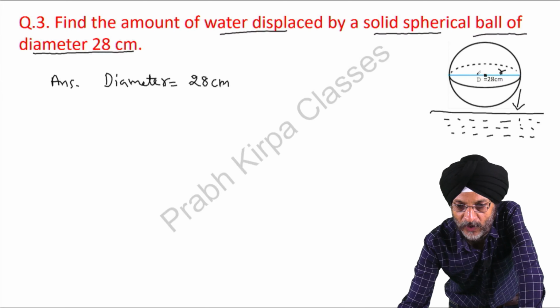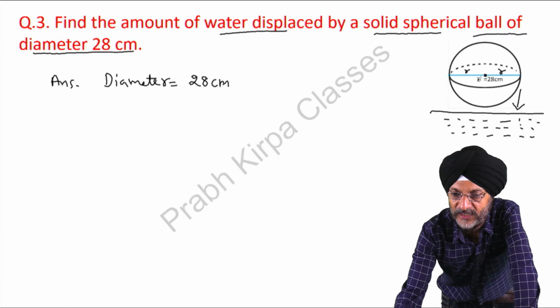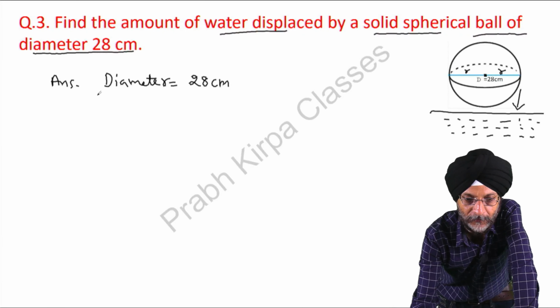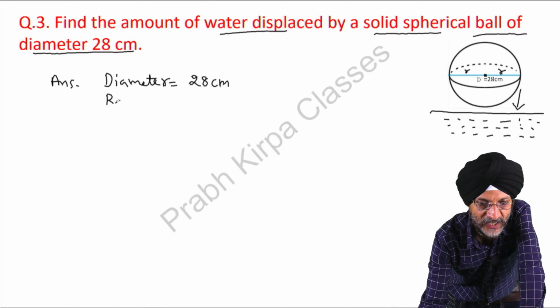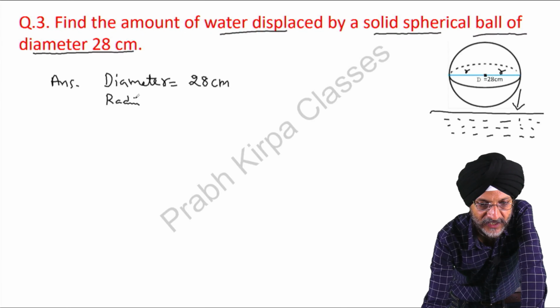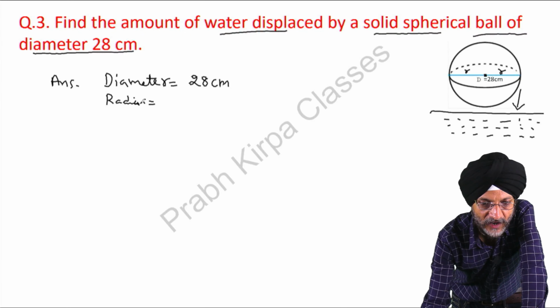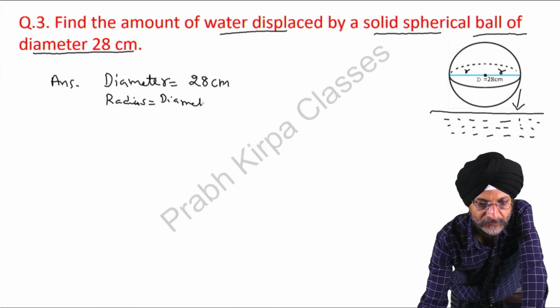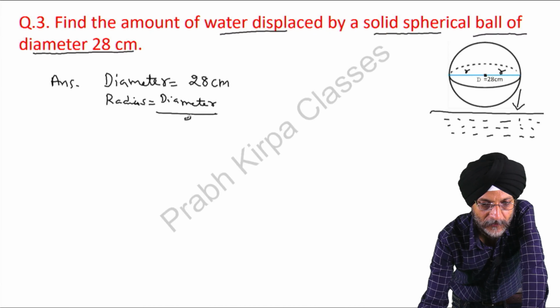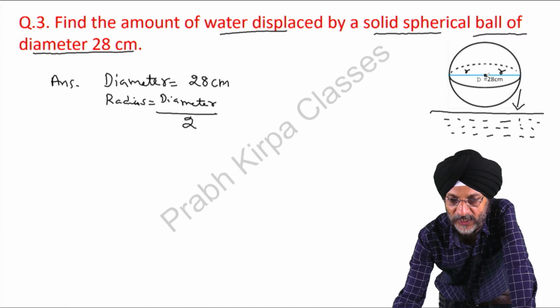So this is also r, and from this point to this point, this is also r. In other words, d is equal to 2r, or we can say that radius is half of diameter. You can see in this picture also that radius is half of diameter.